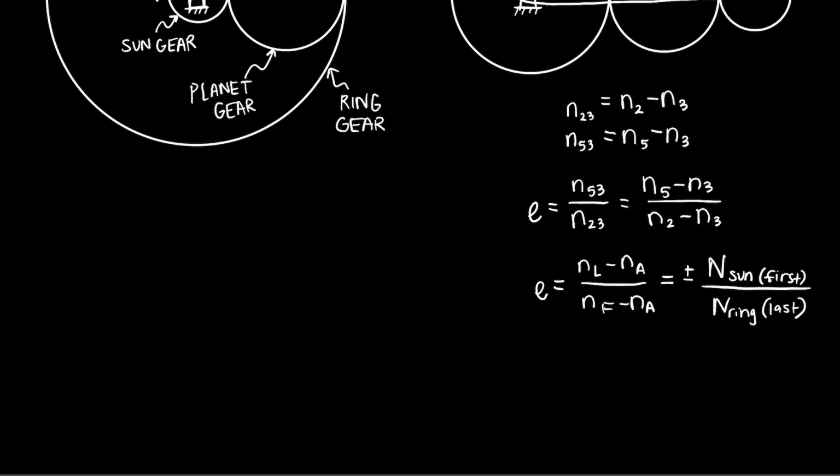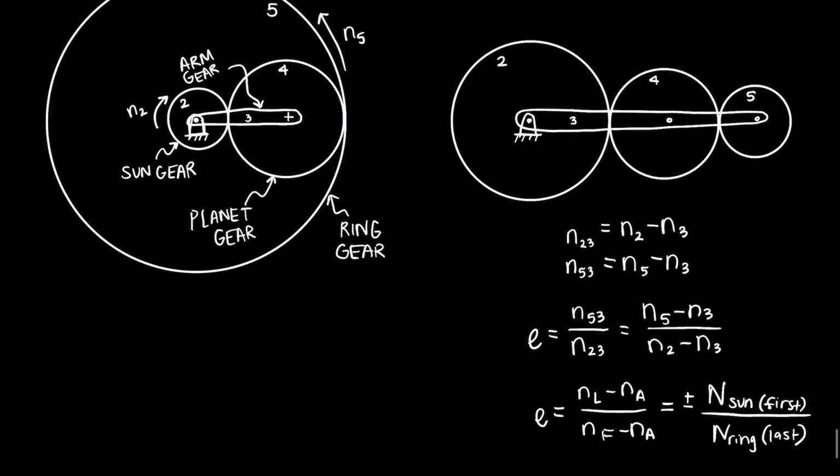And this is easier to do if you have a physical gear set that you can hold on to, hold the arm steady. But for example, in this drawing up here, if I hold the arm stationary, then I can treat this as like a regular gear train, where if n2 is rotating clockwise, n4 will be counterclockwise, and 5 would be clockwise, so they're going the same direction on the input and output, which means that the train value should be positive.